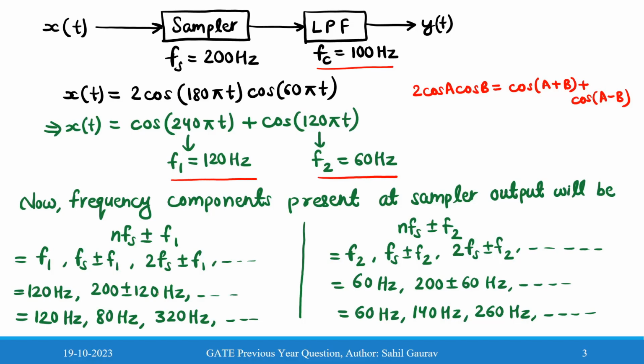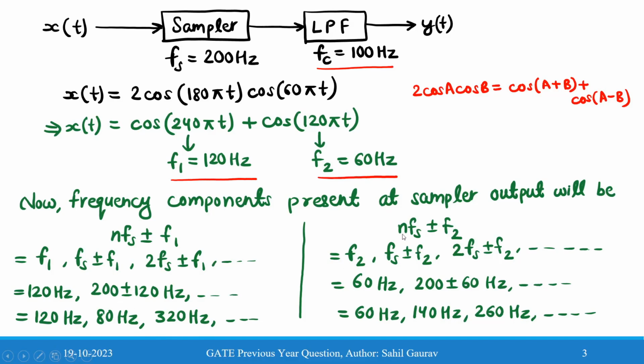We are not calculating more than this because the cutoff frequency of the low pass filter is 100 Hz, and beyond 200 plus minus 120 Hz the frequency components will anyway be more than 100 Hz. Therefore the frequency components at the sampler output will be 120 Hz, 80 Hz, 320 Hz.